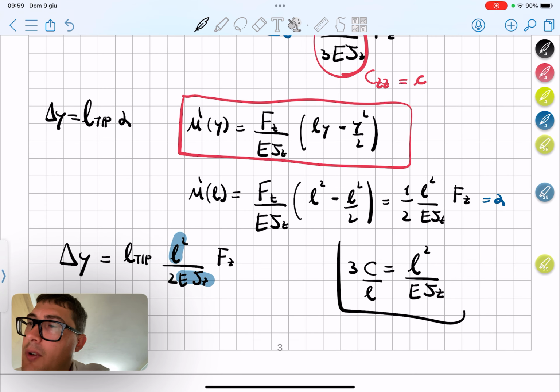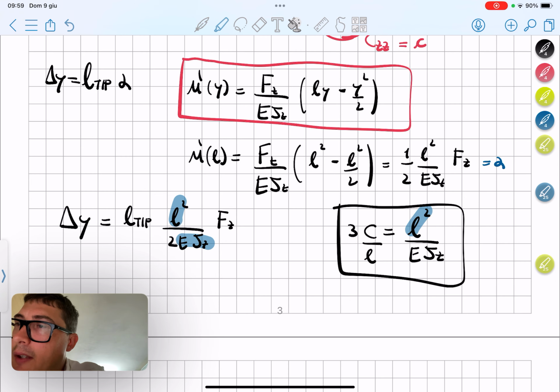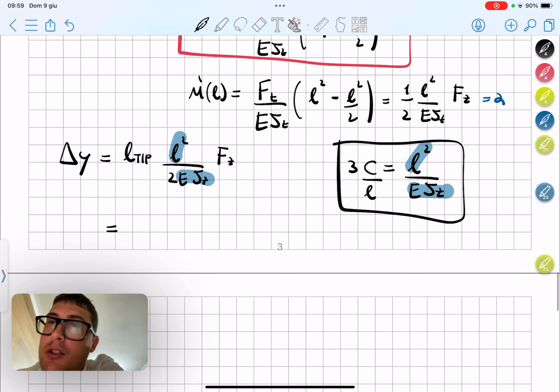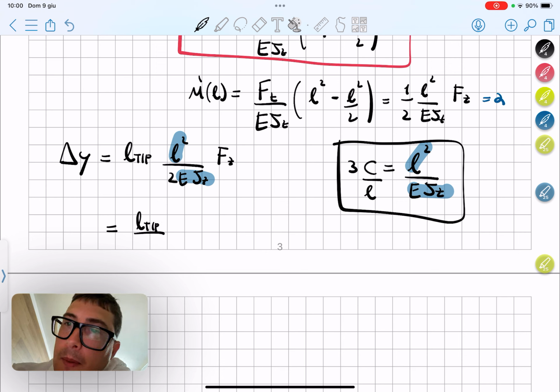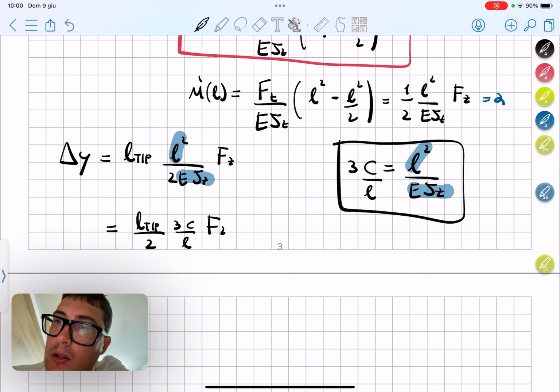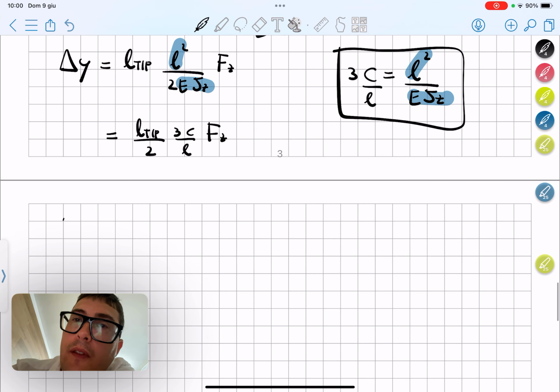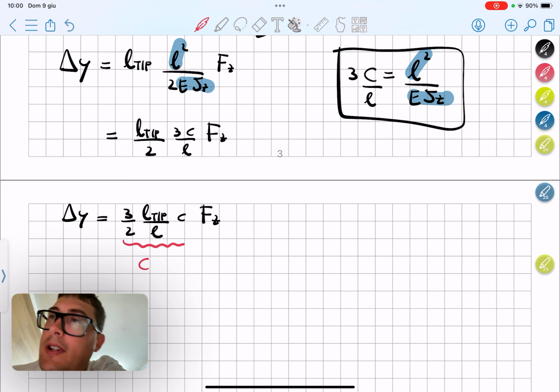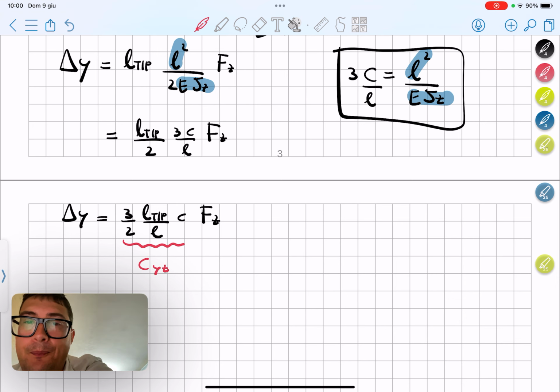So I just rearrange the terms of the C, because I can see now that this is what I want to replace inside, because I want to have it in terms of C. So it's L of the tip divided by 2, and I insert 3 C over L f of z. So let me rearrange this. We have delta y is equal to 3 over 2 L tip divided by L C f of z. And this is our C yz coefficient, okay?